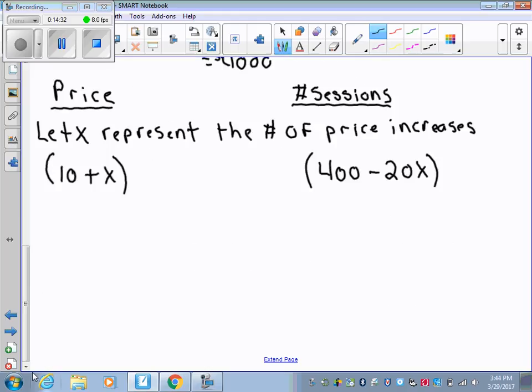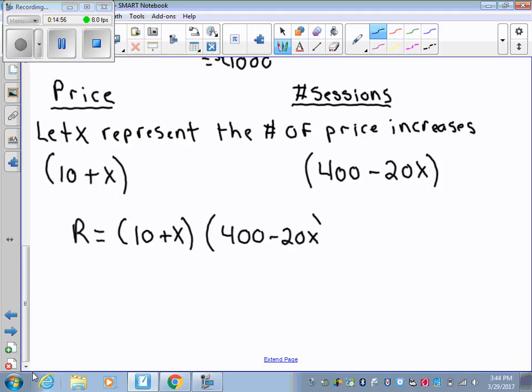So earlier, I had set up revenue to be, remember, price times the number of sessions. Well, this is what price is being represented as. 10 plus x, still price, new price, and my sessions is 400 minus 20x. Okay?